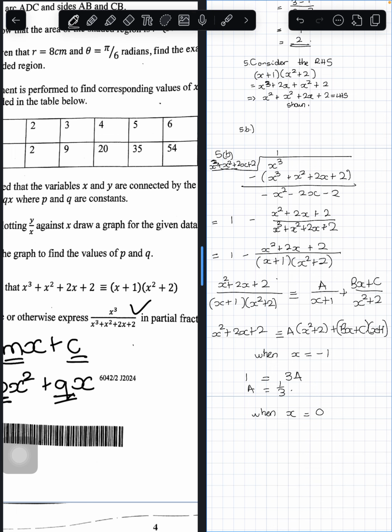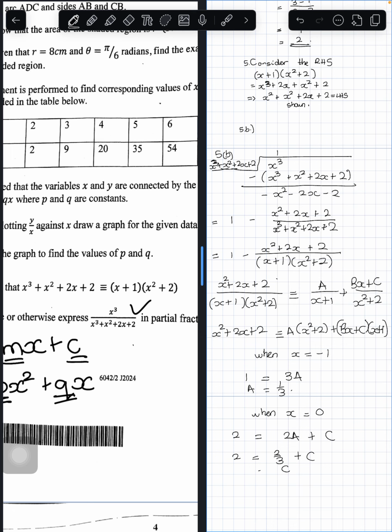So when x is equal to 0, what's going to happen? On the left hand side, we are going to be left with 2. 2 is equal to, then this side, 0 squared plus 2 is 2. So you are left with what? 2a plus, then b times 0 is 0, 0 plus c is c. So c multiplying 0 plus 1, we're left with 2a plus c. But now we know the value of a. So 2 is equal to 2 times 1/3, which is 2/3.